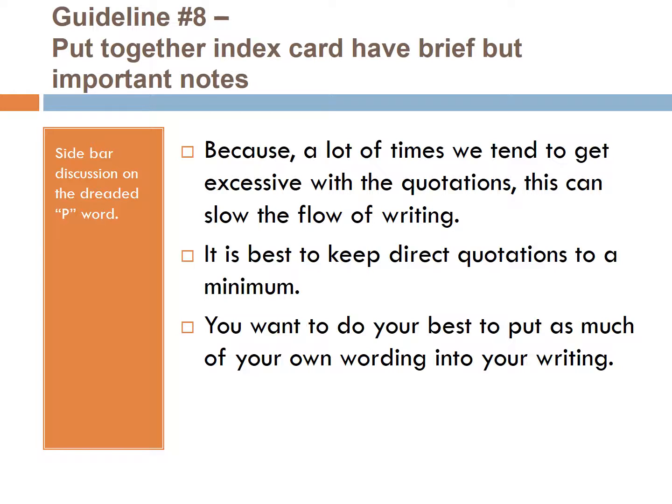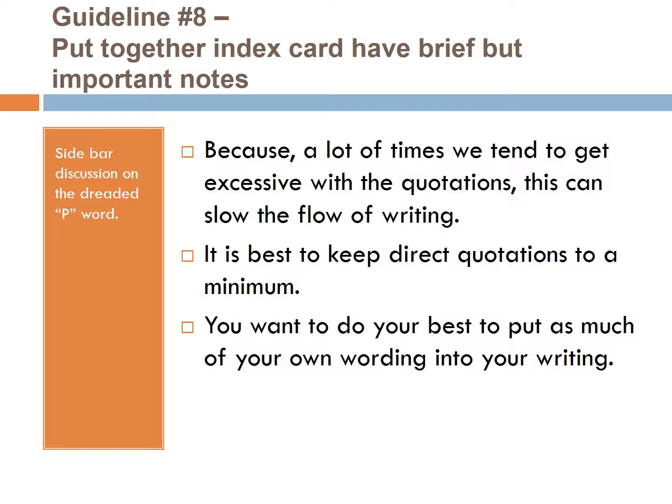But because a lot of the times we tend to get excessive with the quotations, this can slow down the flow of your writing, which means if you continue to use quotes from someone or quotes from something that you've had, it becomes, like I said, excessive and mundane, because this is all what somebody else is writing.